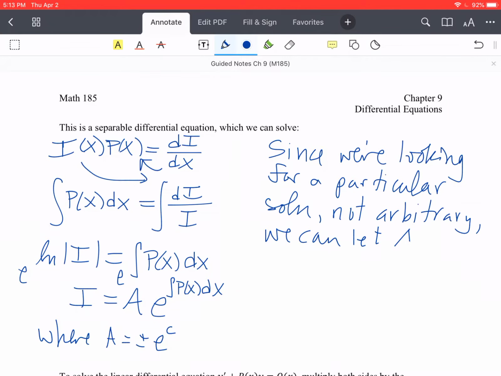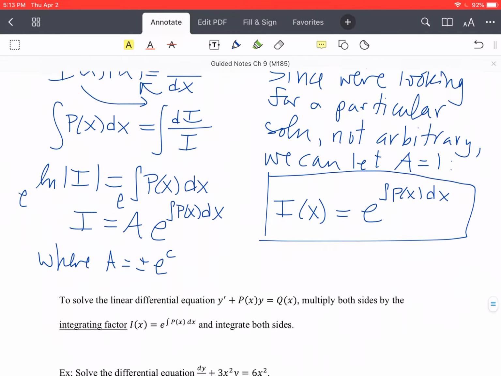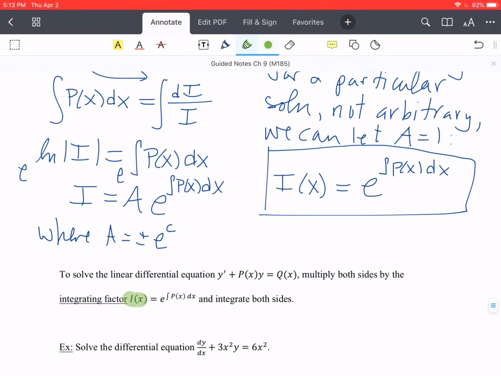So we can let a equal 1. And if we let a equal 1, that simplifies our formula immensely. So we get I of x equals just e to the integral of p of x dx. Okay, so this formula for I of x, and I have it again written down here, this formula for I of x is what we need to be able to now solve these linear first-order differential equations.